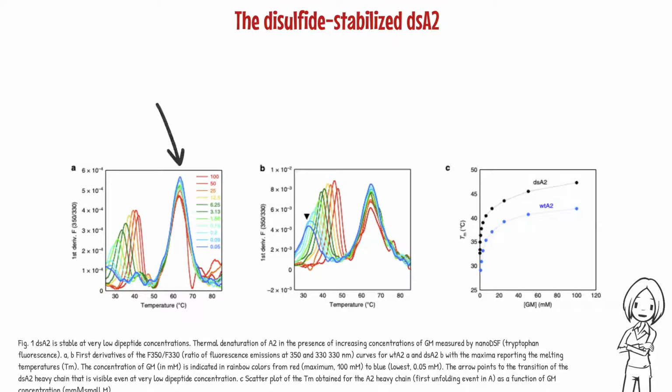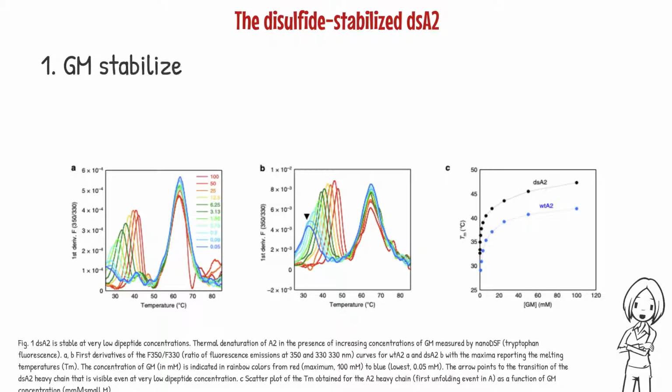The results show a stable melting point of 62 degrees for the light chain and 1 melting point for the heavy chain that is sensitive to the dipeptide concentration. From this, one can conclude 2 things.